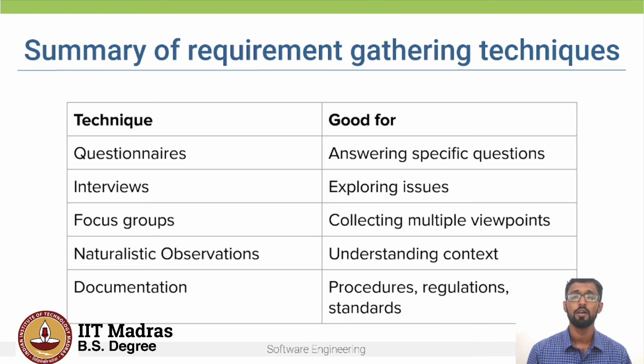Focus groups are important for collecting multiple viewpoints, and observations are good for understanding the context in which a user performs a particular task. And then we looked at documentation, which involves procedures, regulations, and standards.